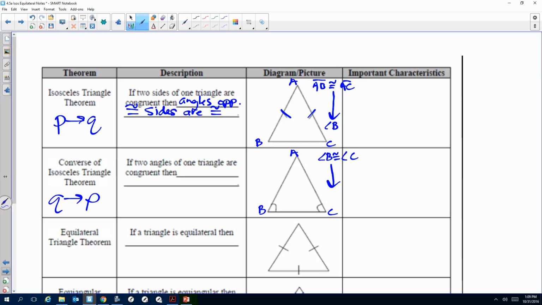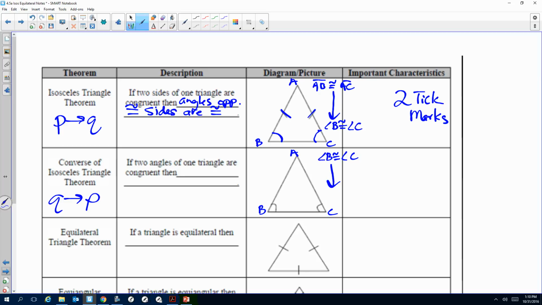Yes, angle B is congruent to angle C. So if I give you the tick marks, you would give me the angles, the arc marks. So what must be given? What's important? Yeah, we need 2 tick marks. You have to see that. That has to be given in order to draw that conclusion.